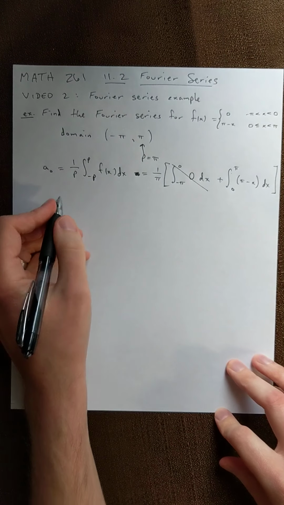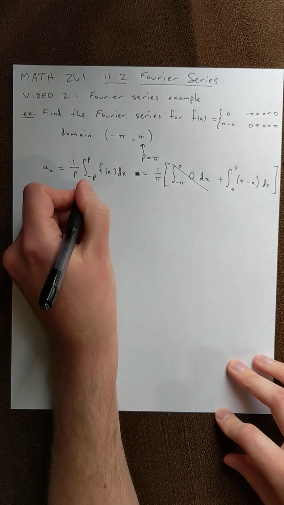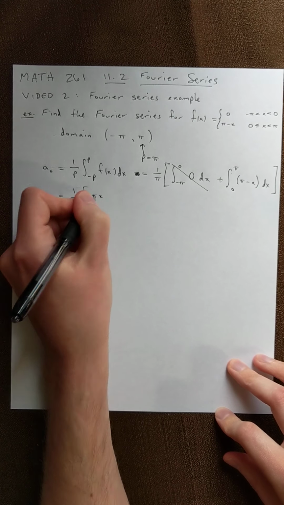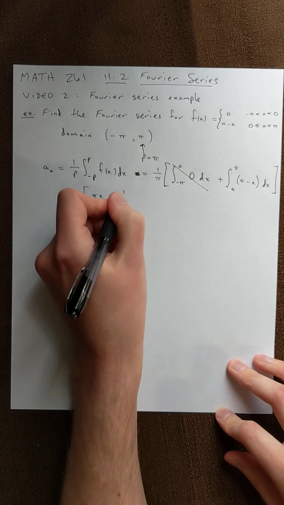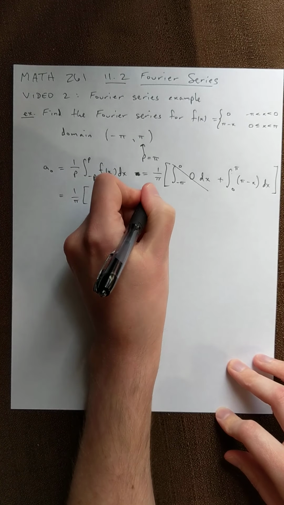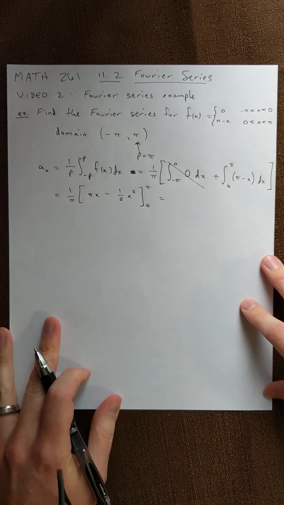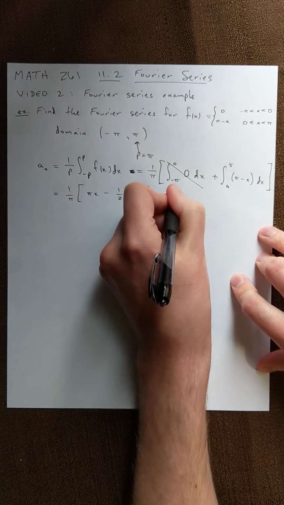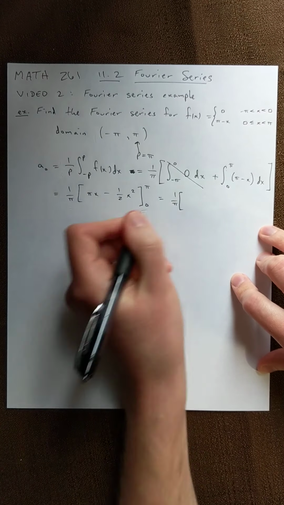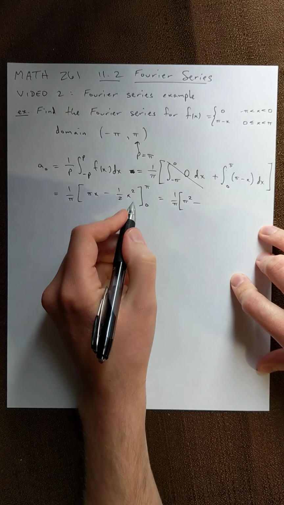This one, integral of pi is going to be pi x. Integral of x is 1/2 x squared, with a minus sign. And then we're going to evaluate from 0 to pi. And so if we plug in our limits of integration, we get 1 over pi. Top limit would be pi squared minus 1/2 pi squared.